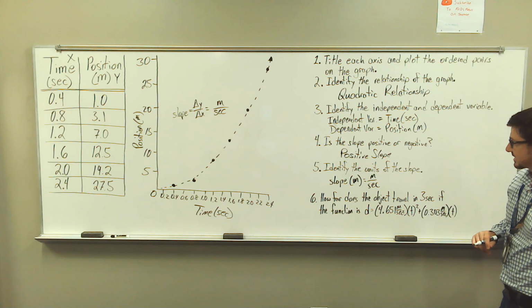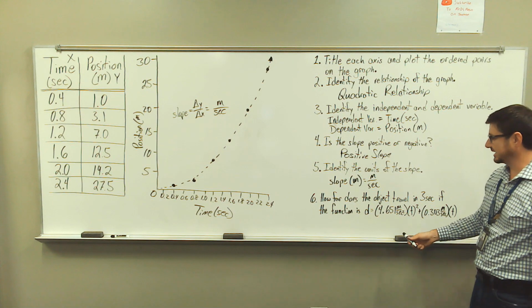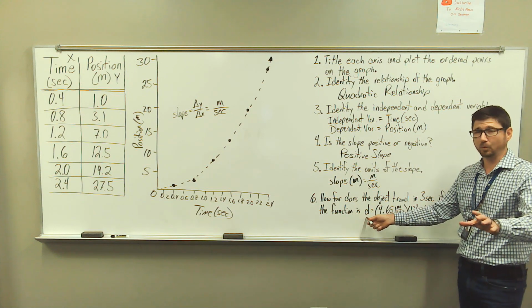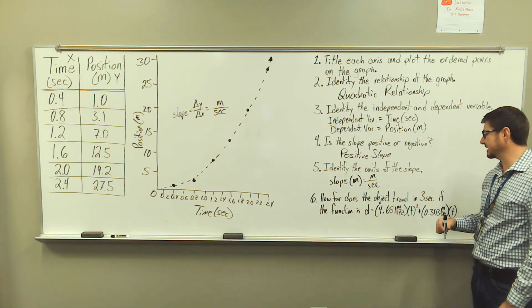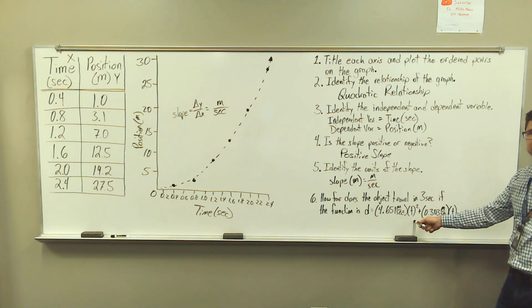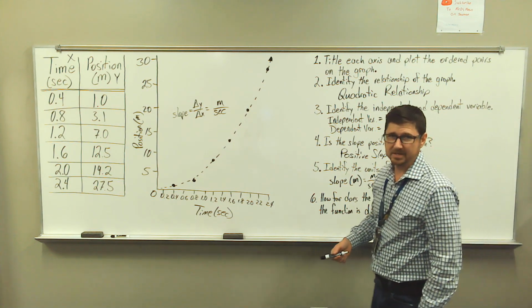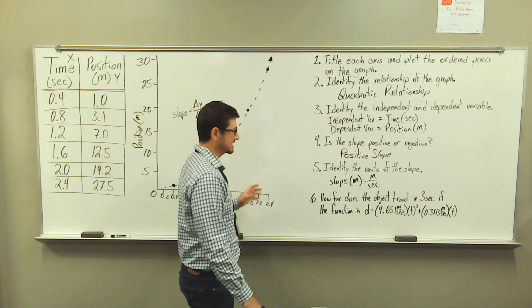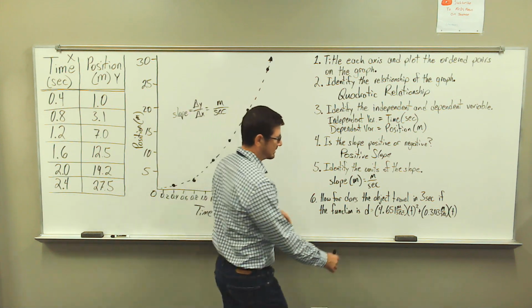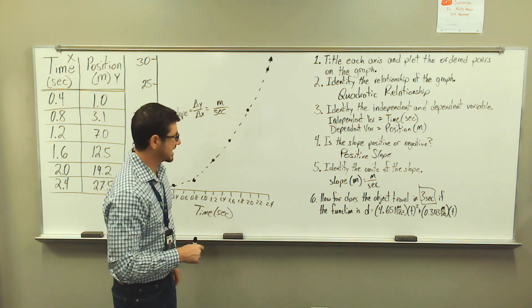And number 6, how far does the object travel in 3 seconds if the function is d, which stands for position. Position is equal to 4.651 meters per second squared times time squared plus 0.303 meters per second times time. So let's plug in our value for time, and it's asking us about 3 seconds.